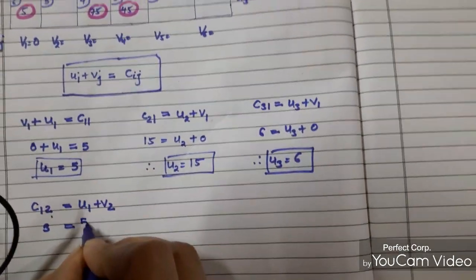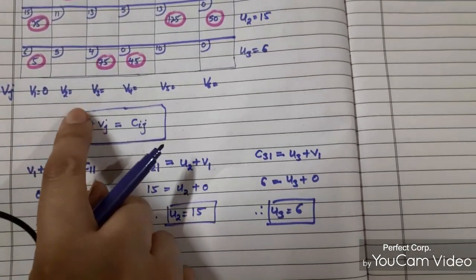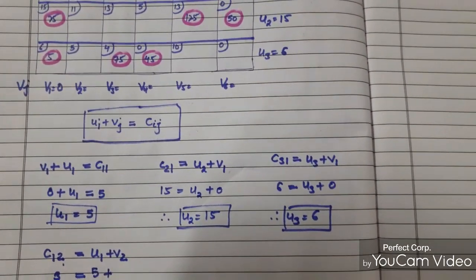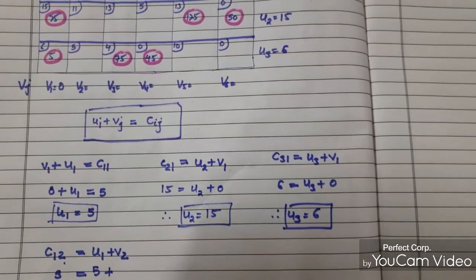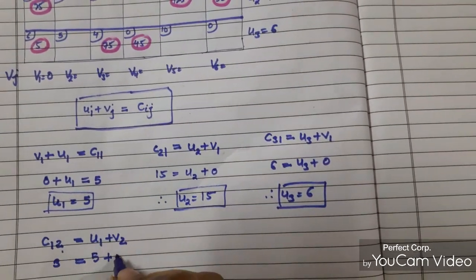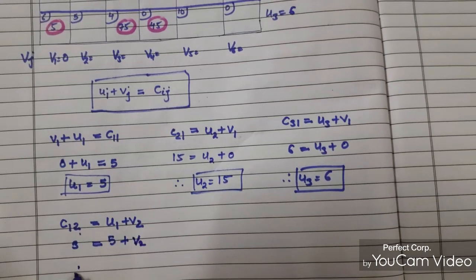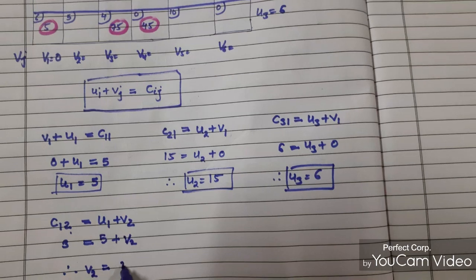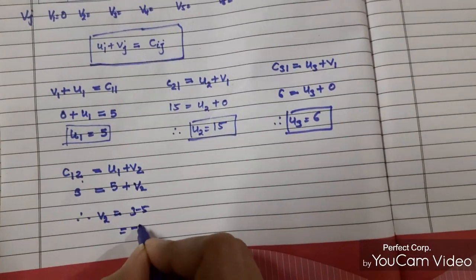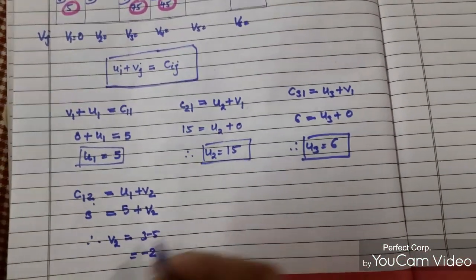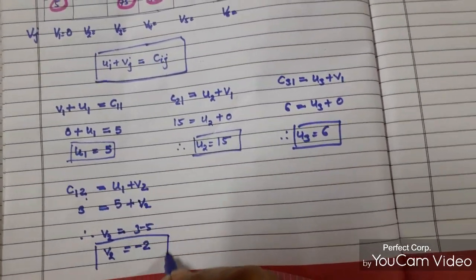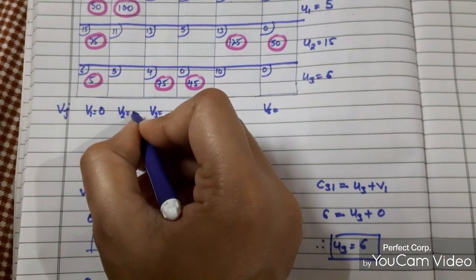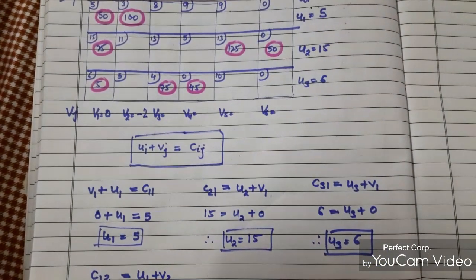So we write 5 plus v2. We don't have the value of v2, so let's find it. Therefore v2 is equal to 3 minus 5, so v2 is equal to minus 2. Write it here, v2 is equal to minus 2, right?